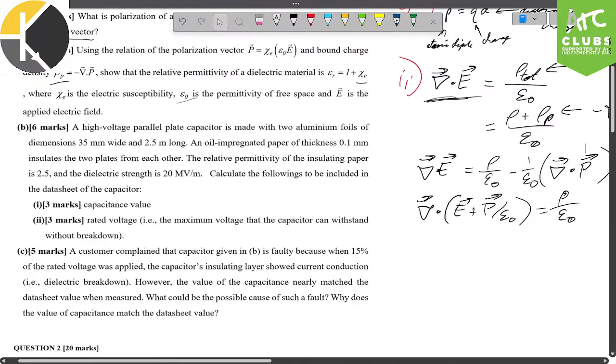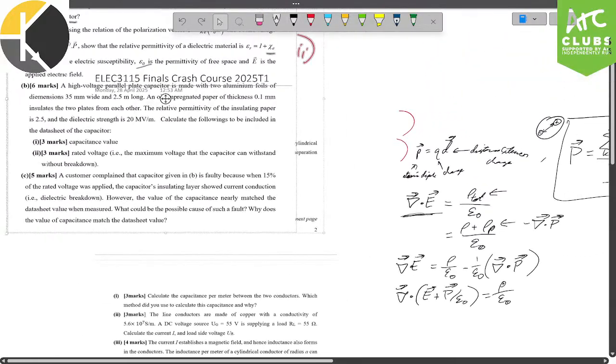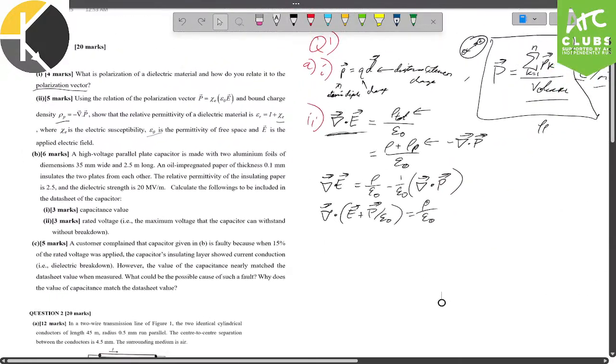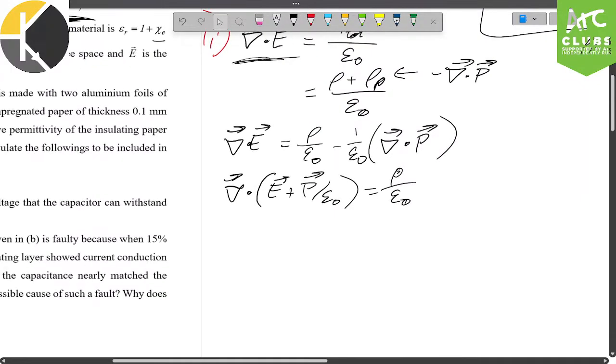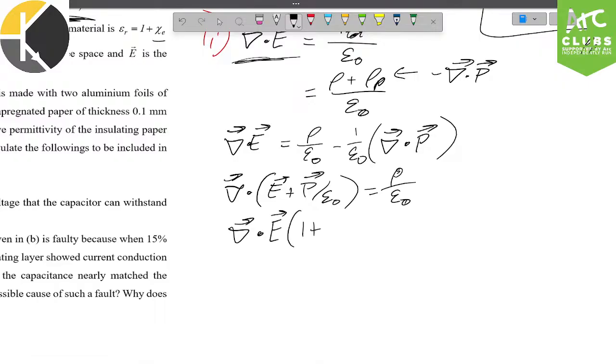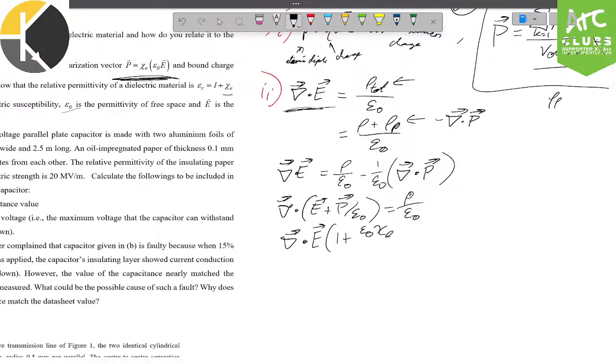So let's go ahead and plug in our formal definition of our polarization vector in terms of our electrical field and group out the terms. So we get the divergence of your electrical field multiplied by 1 plus epsilon 0 times your susceptibility over epsilon 0 is equal to rho on epsilon 0.